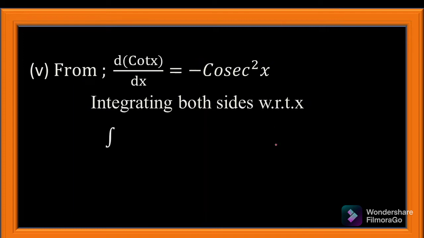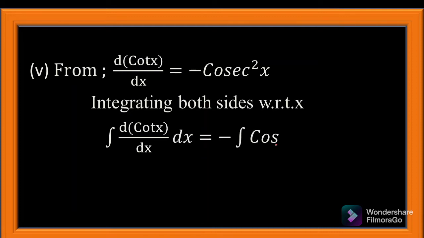So it now means that we shall have the integral of the derivative of cot x with respect to x, giving us the integral of negative cosec squared x, but I've just decided to keep the negative out. As you can see here, we have kept the negative out again, and this negative is going to help us for division.